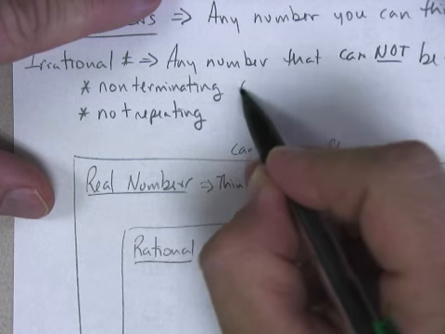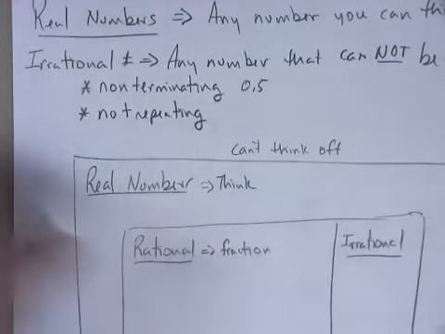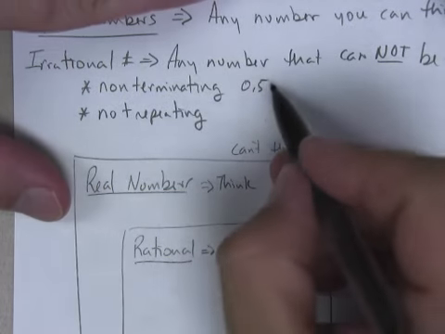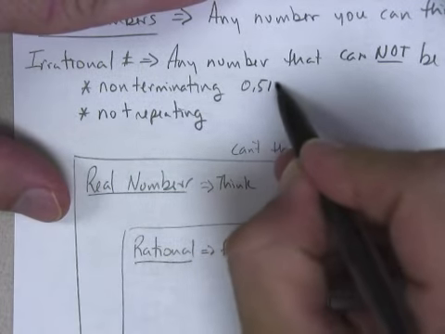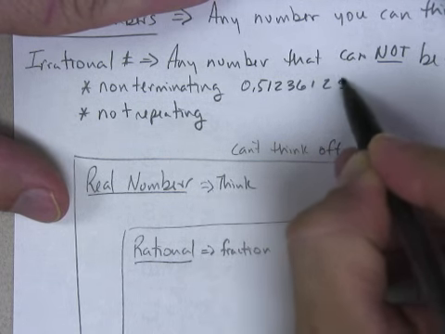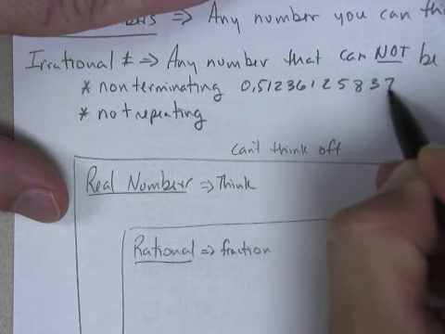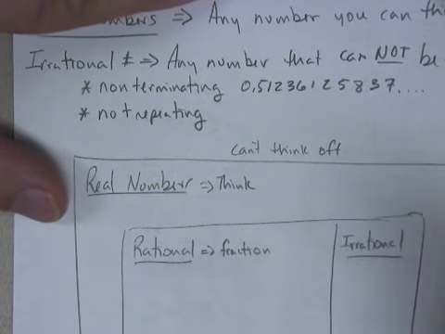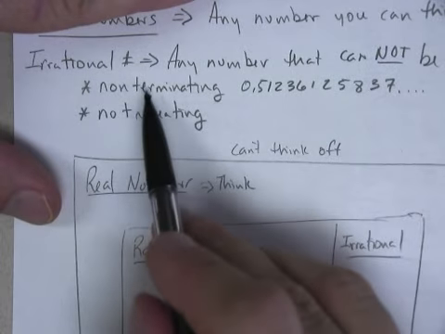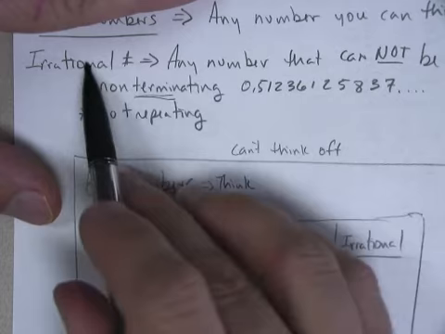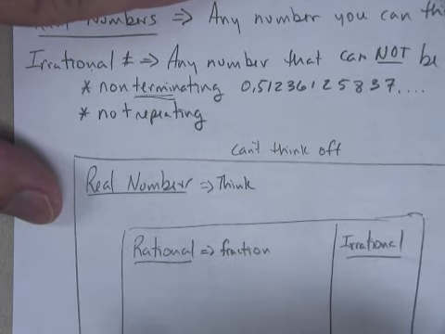For example, 0.5, it ends at 0.5. So that would be a rational number because we can write that as a fraction. But if it went 0.5, 1, 2, 3, 6, 1, 2, 5, 8, 3, 7, and it never stopped, never quit, that is non-terminating. It never does terminate, it never does stop. And we would classify this number right there as irrational, non-terminating.